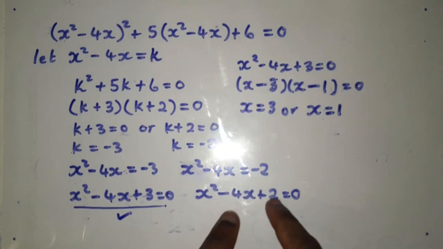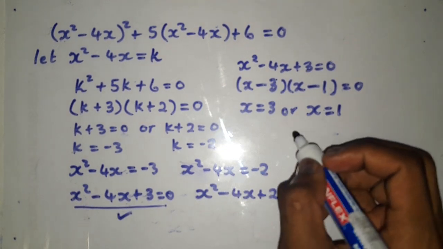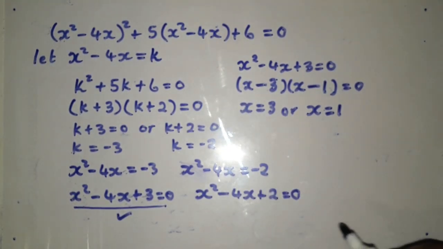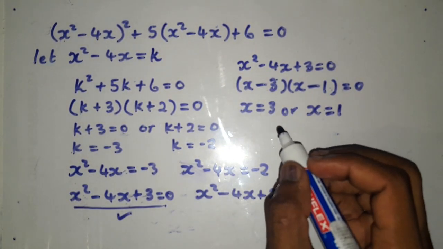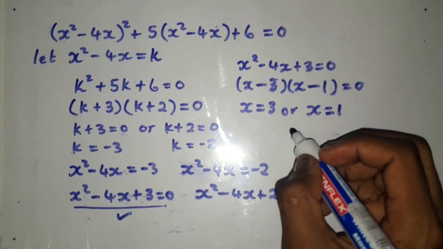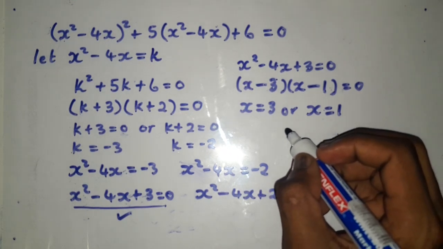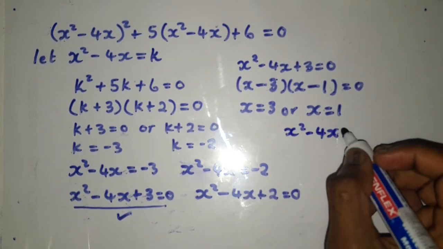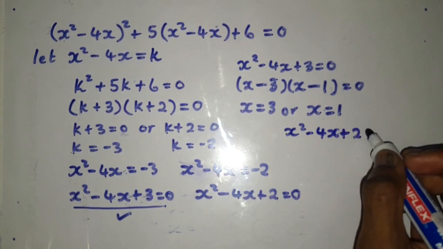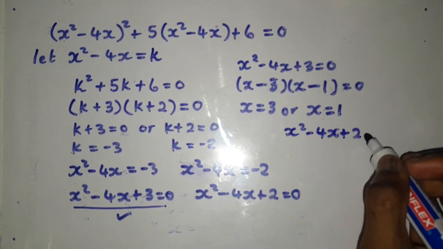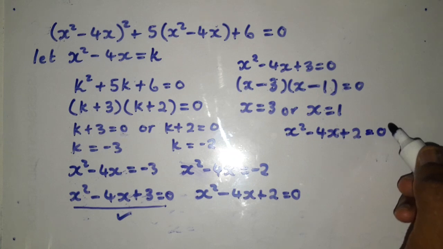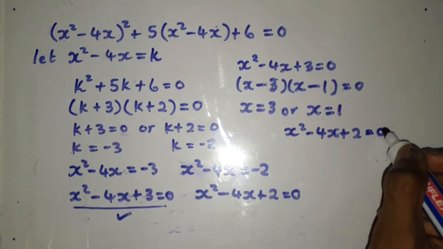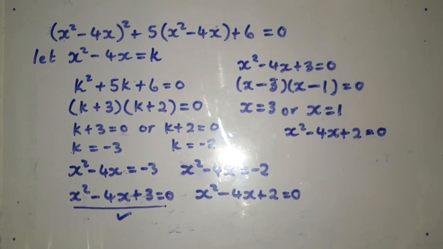Now let us move to the second one, which is this. I don't have much space. I hope you can see. I'll try to squeeze it somewhere there. We have x squared minus 4x plus 2 equals 0.